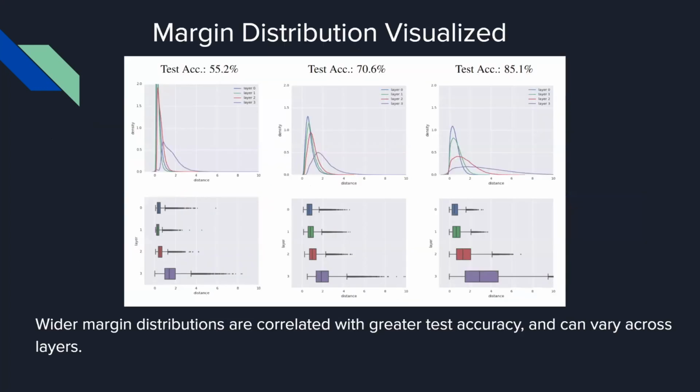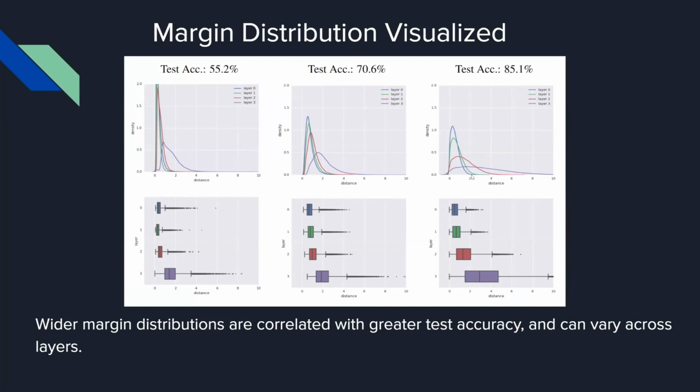Now, what do these margin distributions look like? In the paper that Zhang did, they trained models that had different test accuracies, but the same training accuracies. And they found that when you get distributions of margins, again, the distance of the training points to the decision boundary, when the distributions are thinner, the test accuracy is worse.